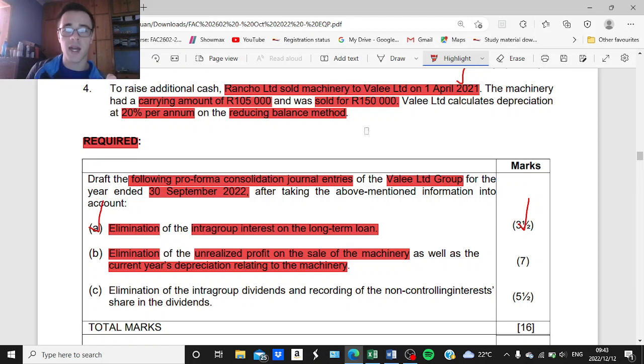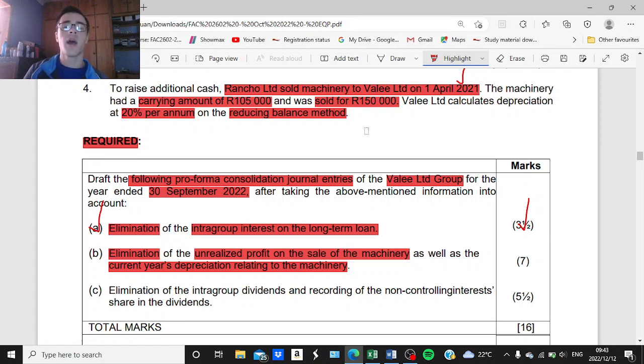If it is reducing balance, and you will also see this in previous lessons that I have shared, when you calculate unrealized depreciation that you need to eliminate for consolidation purposes, you first have to calculate the unrealized depreciation in respect of the previous period.